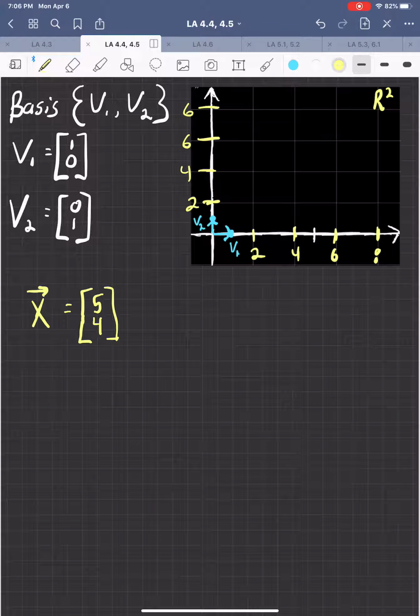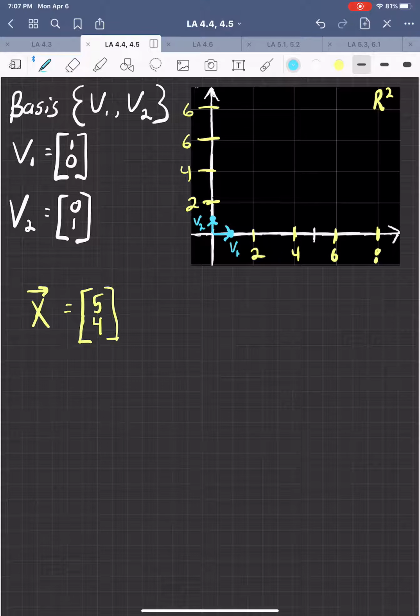I completely understand that you know how to plot (5, 4). I know that you know how to go over 5 and up 4, but I'm not asking you to think about the normal plotting of points the way that we've done ever since probably middle school.